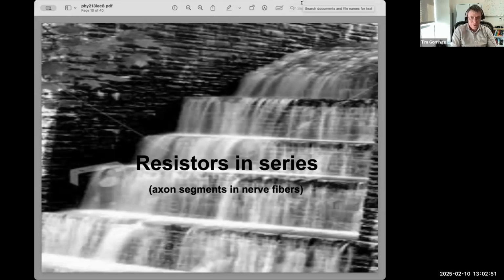So axons, dendrites, they come in little segments, and those little segments act as resistors, and they are resistors in series. So that's a natural example of what we're going to discuss.